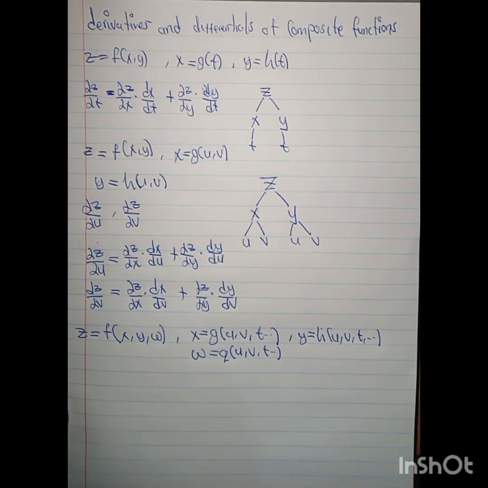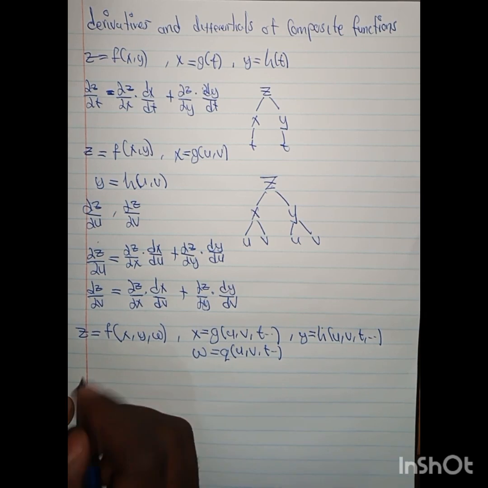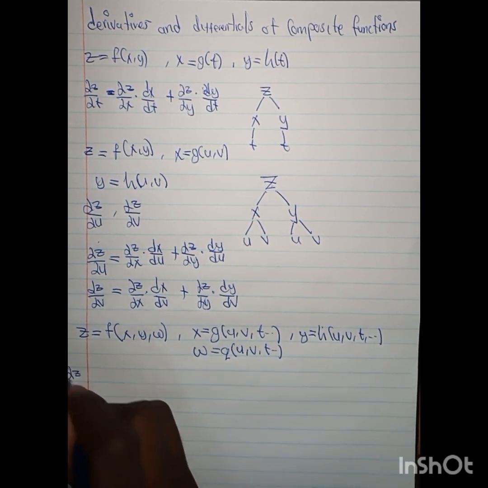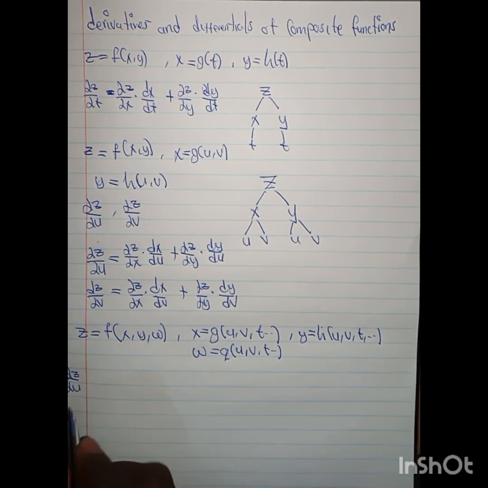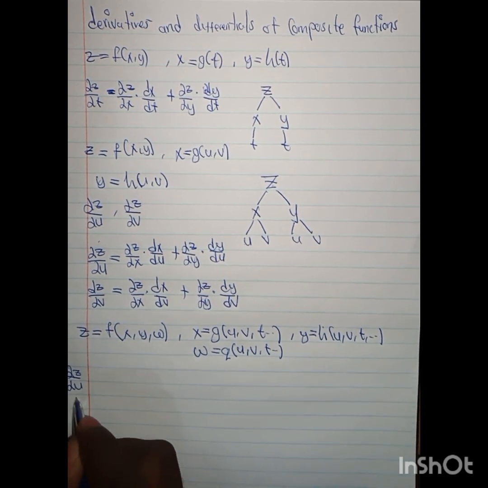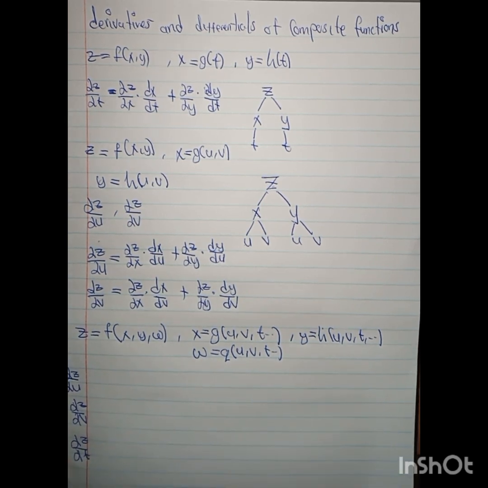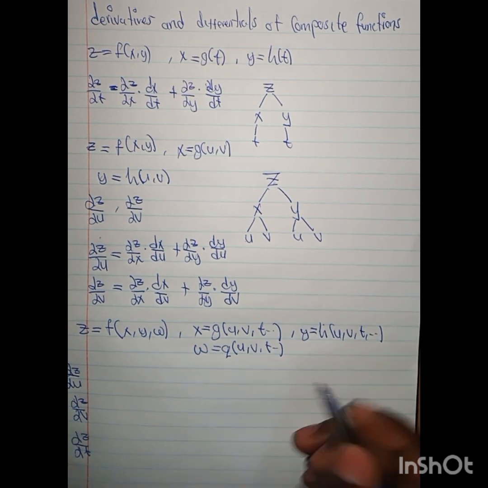Then how can we go about solving this type of a problem? So this is what we are going to solve. Then we'll have dz/du, we'll also have dz/dv, and lastly we'll look at dz/dt. Then let me use the following diagram.